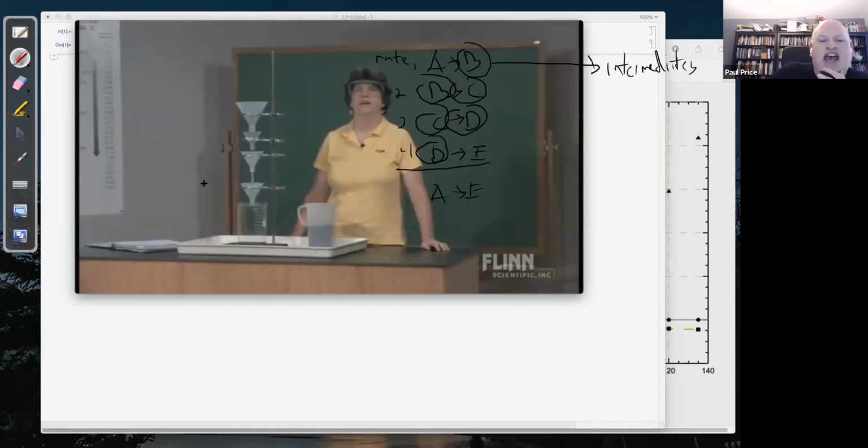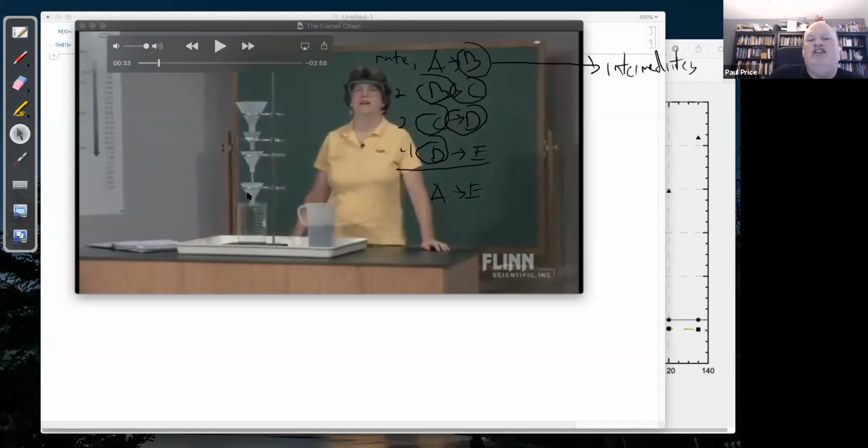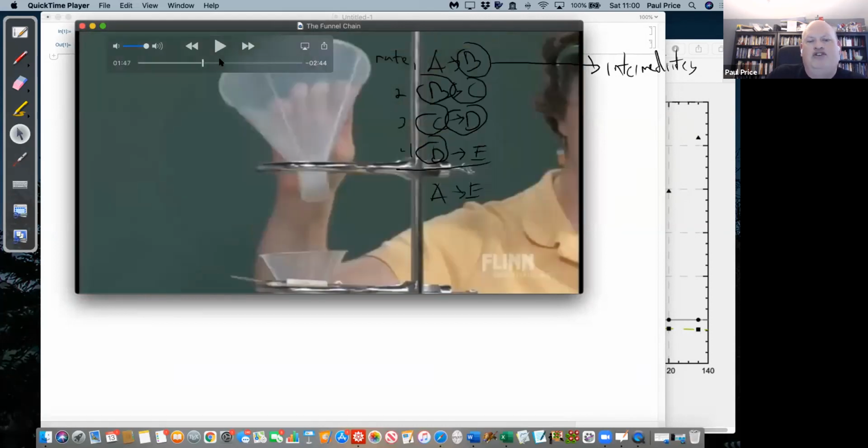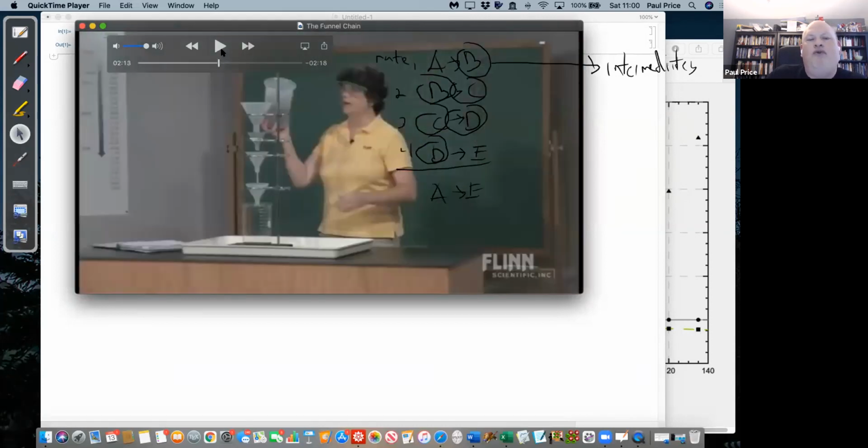So what I want you to watch is when Peggy actually runs the mechanism, and I want you to tell me, just by watching the funnels, which of the 4 steps is the step that determines the overall rate. I'm going to fast forward to the part where she starts to pour in. She talks a lot about the demo there too. Okay, she's about to pour in, and watch the 4 funnels.